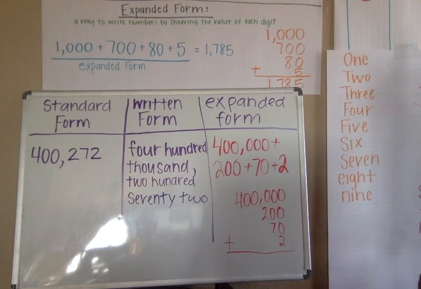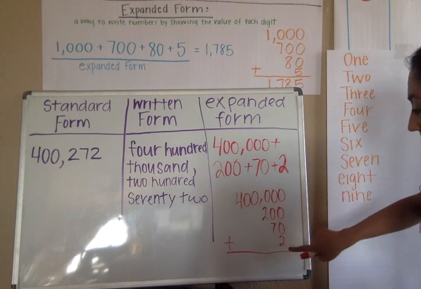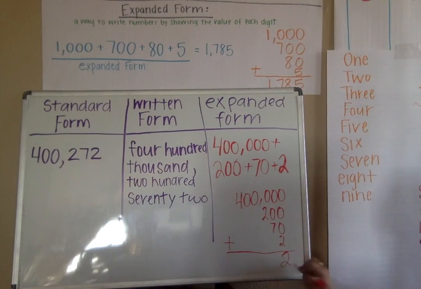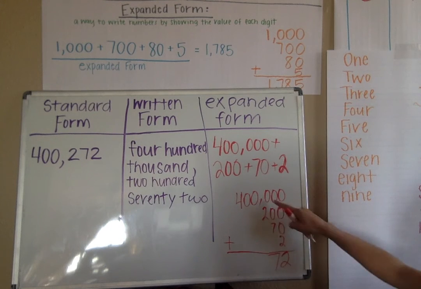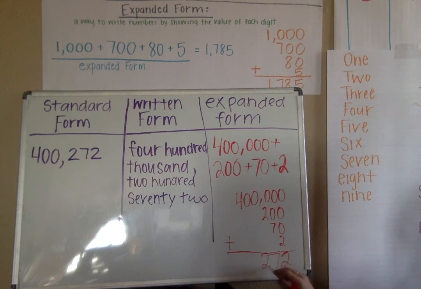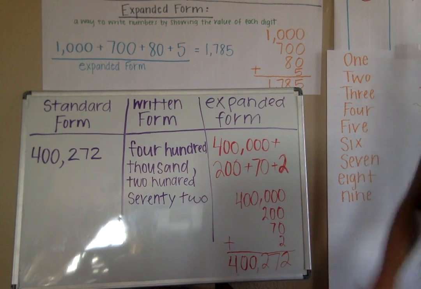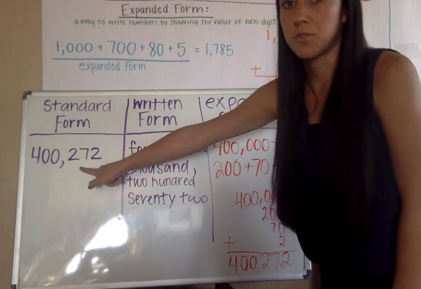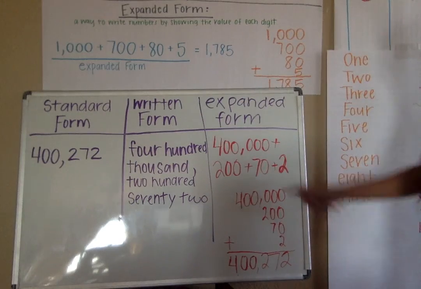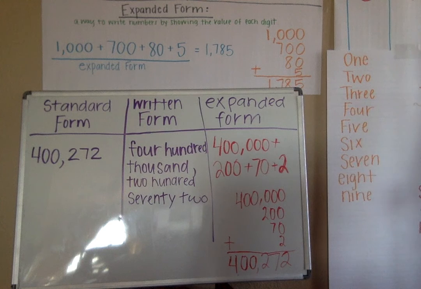So 0 plus 0 plus 0 plus 2 is 2. 0 plus 0 plus 7 is 7. 0 plus 2 is 2. And then you bring down the 0, and then another 0, and then you bring down the 4. And then that number, again, should match back up to our standard form, which we did earlier, and then it also should match with our written form.